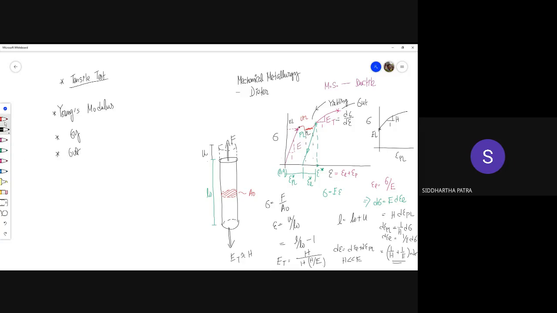Beyond this point, the material ultimately fractures at sigma f. The stress actually decreases with increase in strain. We have seen the stress-strain curve being flat, but this time it goes south and the stress value decreases, and ultimately the fracture happens at sigma f. All of this you can treat as important structural properties in relation to the tensile test.